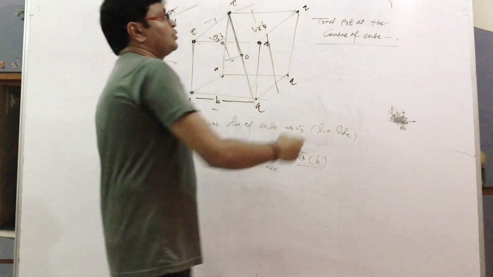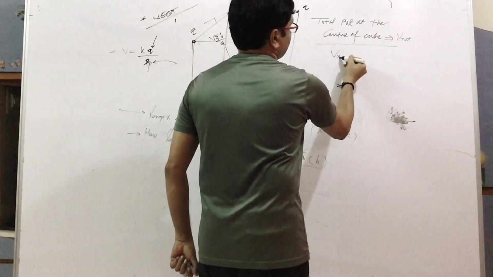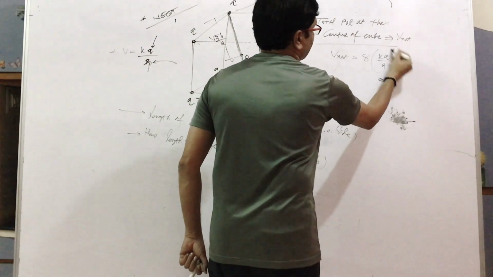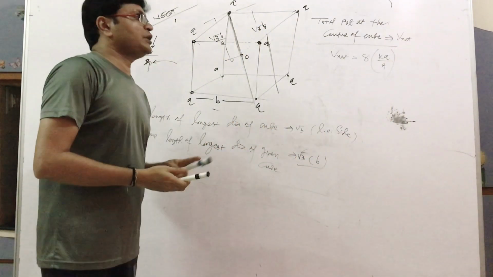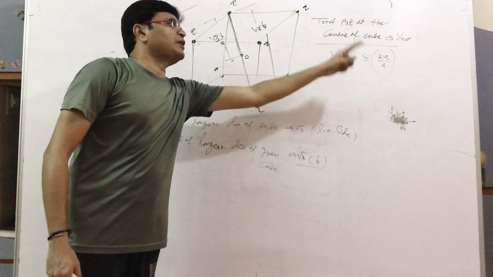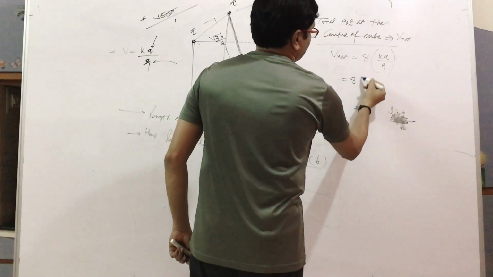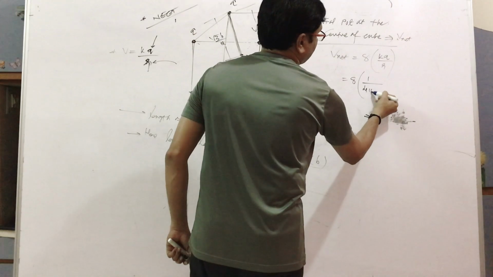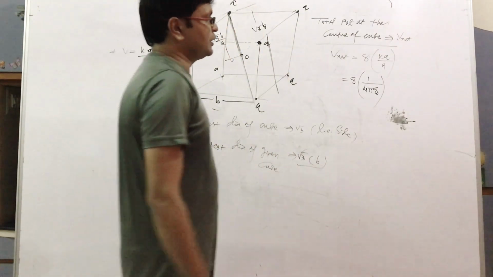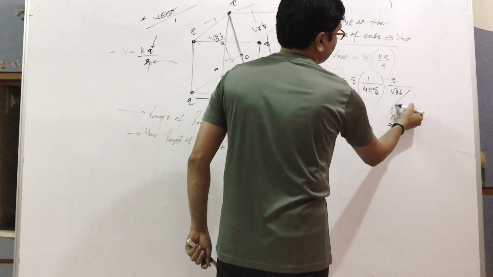So what is the total potential at the center? It is V net. So we know that V net is 8 times simply kq by r. Check the previous numerical. In the previous numerical, hexagon, we multiplied 6 times kq by r. Now here 8. What is k? 1 upon 4 pi epsilon naught. I said before that the options will be given in the form of pi. So q, r already with us, it is root 3b by 2.